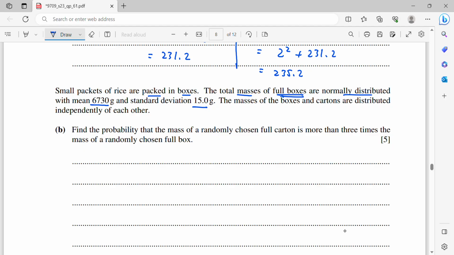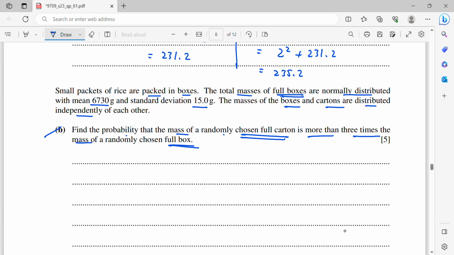The masses of the boxes and cartons are distributed independently of each other. B. Find the probability that the mass of a randomly chosen full carton is more than 3 times the mass of a randomly chosen full box. Just now carton, now box.